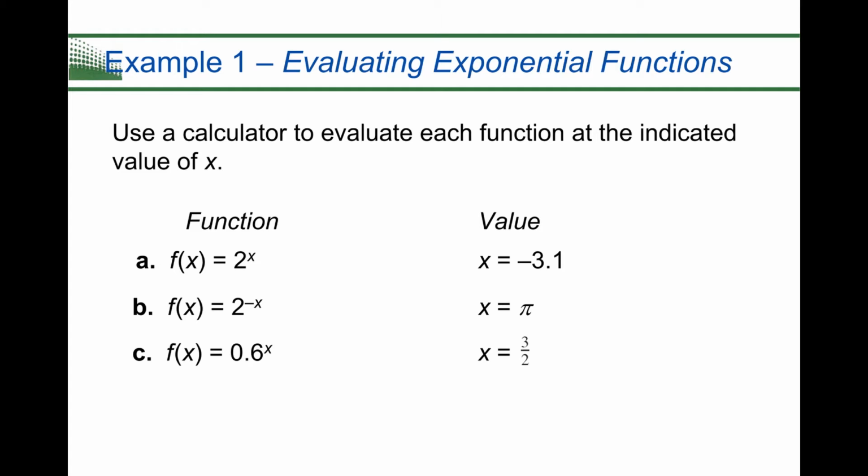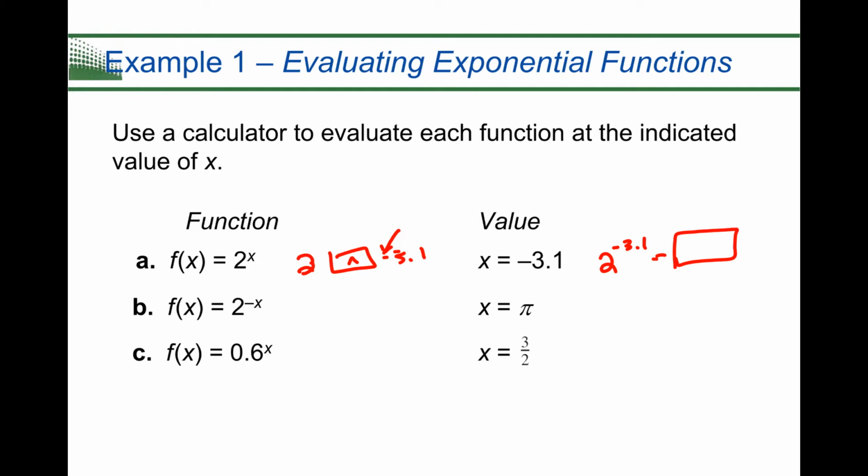A lot of times they'll have an x to the y power button or something. So you want to see, how do you get 2 to the negative 3.1? In some calculators, you'll hit the 2, and then you might use a housetop button, and then you would type in negative 3.1. Make sure you also know where your negative button is on that calculator as well. Type that in and see what you get.